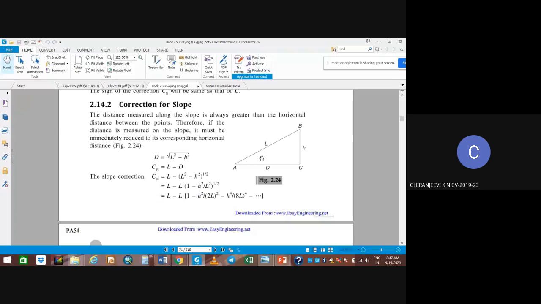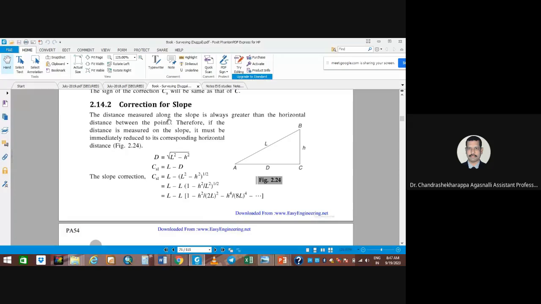So this is the correction for the slope, right? How are we going to correct the slopes when you are doing any survey in sloping areas? See here, A, B, C. This is a slope length, and the slope length is always greater than the horizontal length.